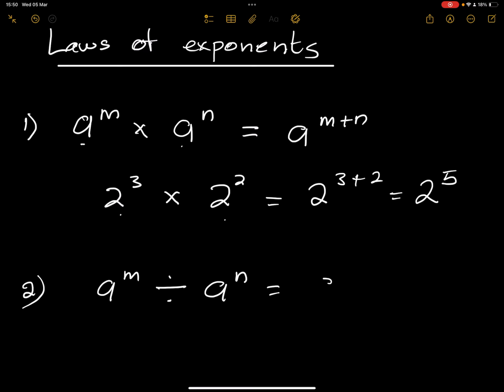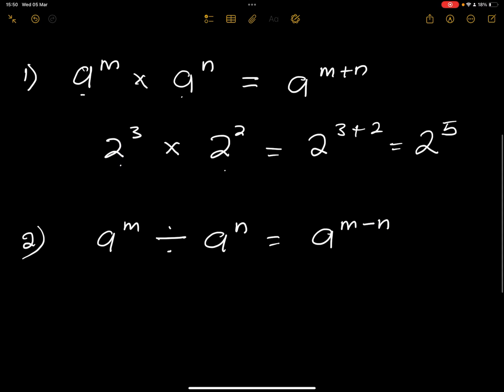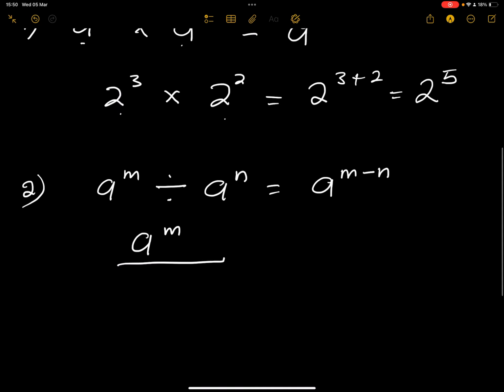So we are actually going to subtract the exponents. So that means that in this case, I can write this in another way and say a raised to the exponent m divided by a raised to the exponent n. That will simply give me, right, a to the exponent m minus n.